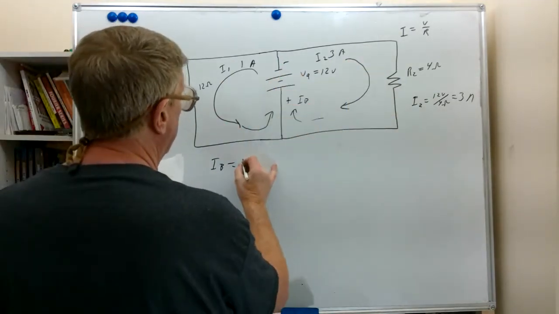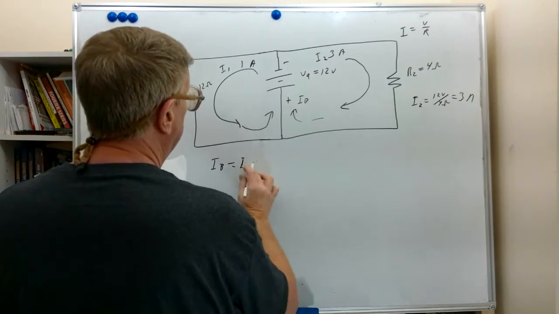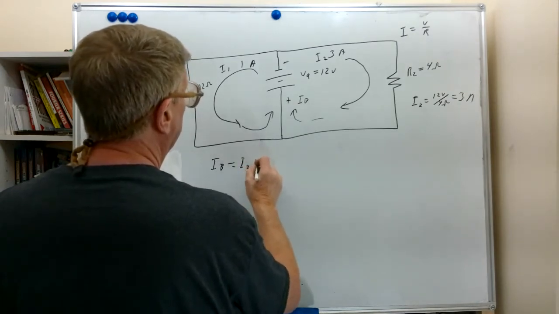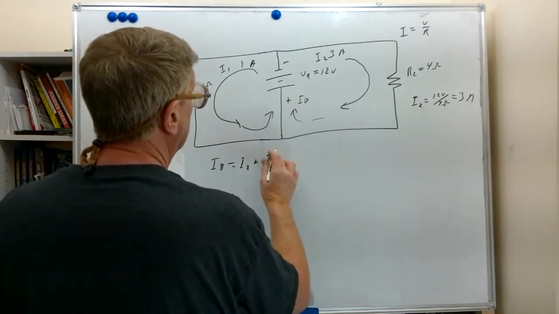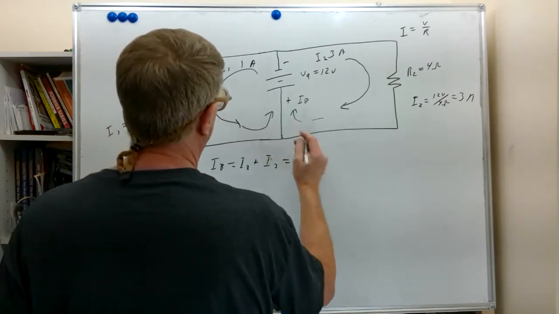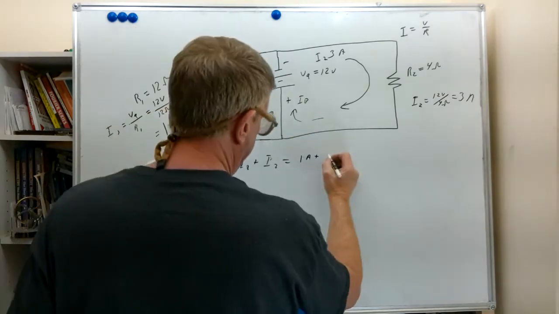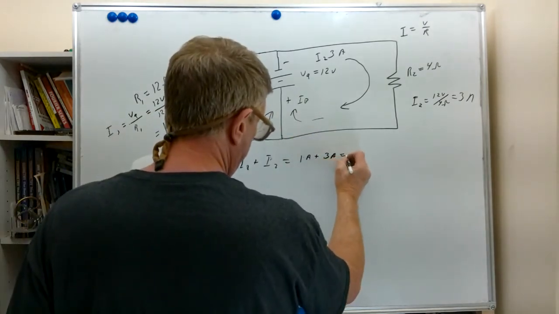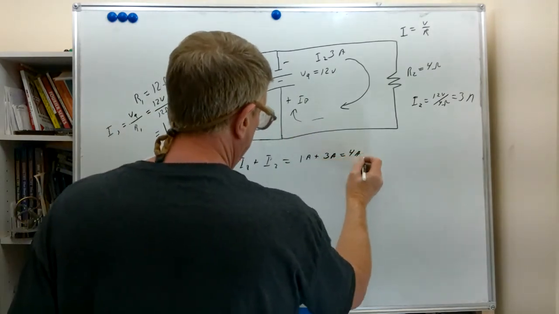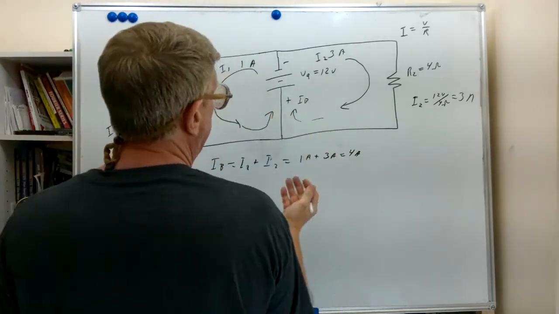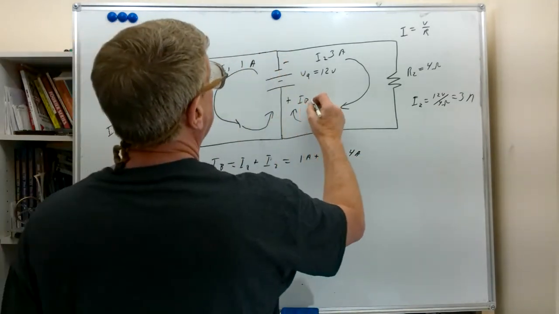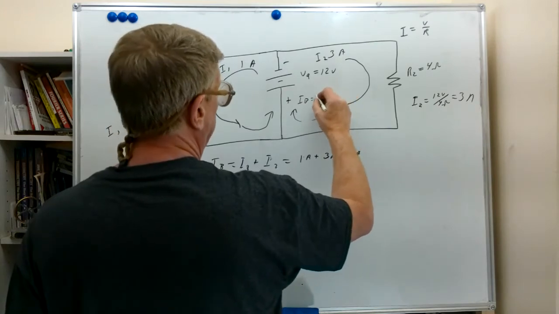So it's going to be I1 plus I2, which is basically 1 amp for I1, plus 3 amps for I2, which gives us 4 amps. So what I'm calling IB, the current in the battery, is equal to 4 amps.